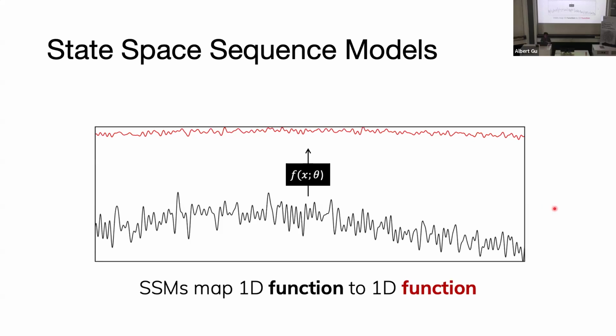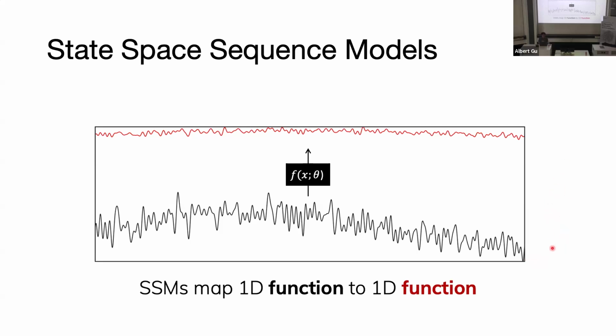Now, one thing that is already different about these SSMs, given the way I define them, is that remember they were defined using a differential equation, and so you can view the domain of this function as continuous time. Instead of mapping a sequence to a sequence, we can view these models as mapping a function to a function.